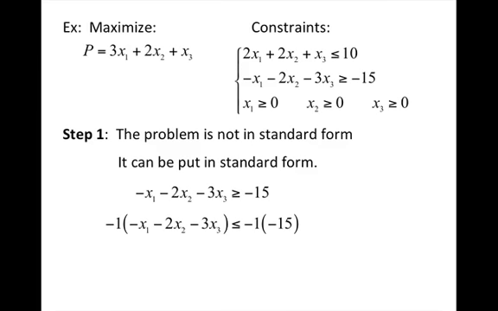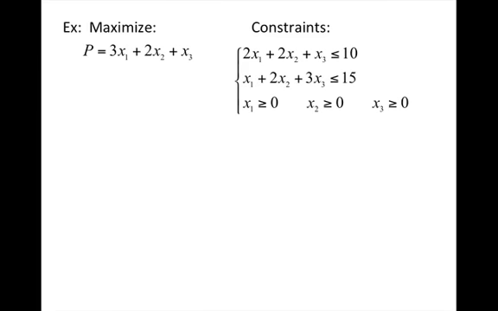And when I multiply by negative 1, I end up with x sub 1 plus 2x sub 2 plus 3x sub 3 is less than or equal to 15. So I'm going to replace that second constraint with this modified constraint. Now my problem is in standard form. So step 2 is to set up the initial table.